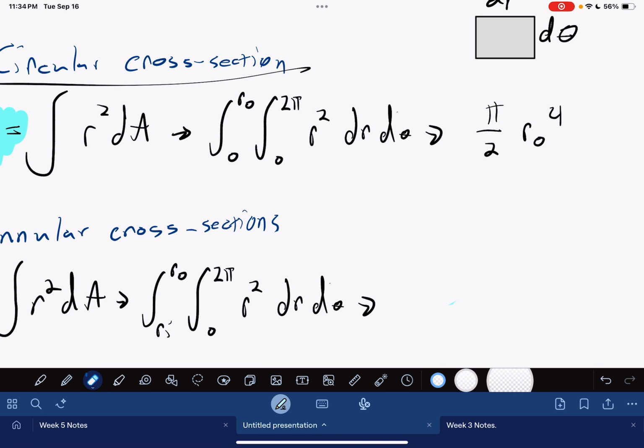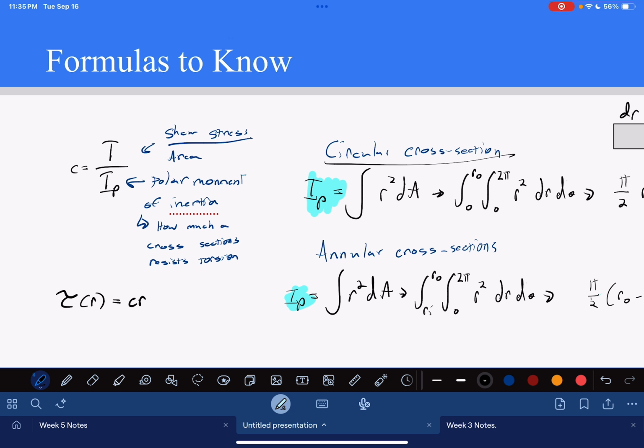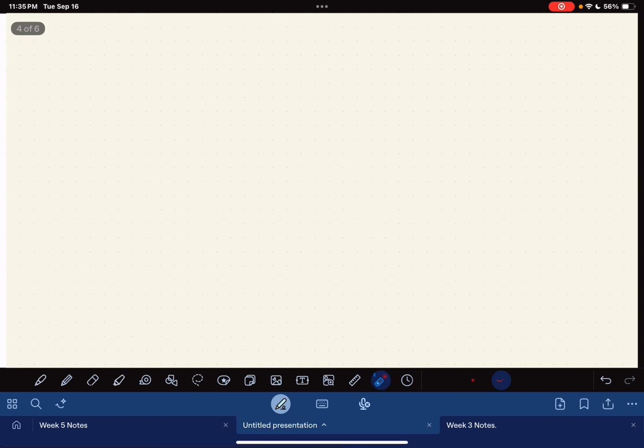What we get is pi over 2 times the outer radius to the 4th power minus the inner radius to the 4th power. Another thing to note is that this is our shear stress per area, but in order to expand that, we use this formula right here, and that's a general shear stress.